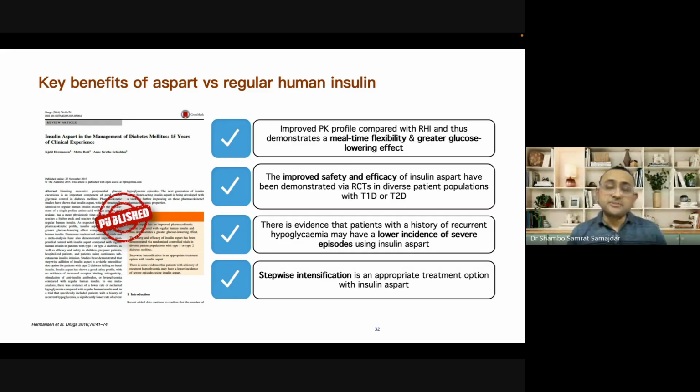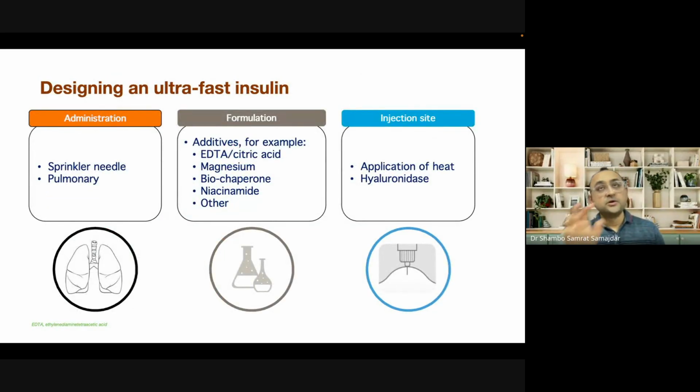The most important outcome was that hypoglycemic episodes were less, and severe hypoglycemia was much less. Stepwise intensification is an appropriate treatment option with insulin aspart. So from rapid-acting insulin, we are now moving towards ultra-fast acting insulin, more closely mimicking physiological bolus insulin secretion.